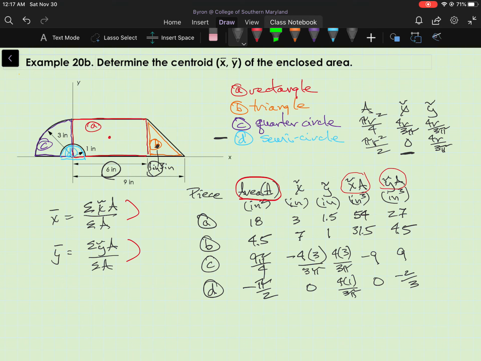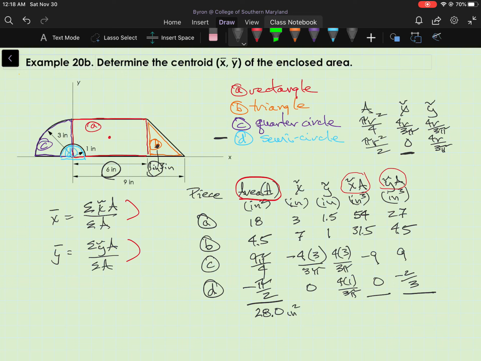Okay, now we're going to sum the area column, the x tilde A column, and the y tilde A column. And again, I'm not going to do all this out, but when you crunch these numbers, you get that the total area is 28.0. And again, that's in inches squared.